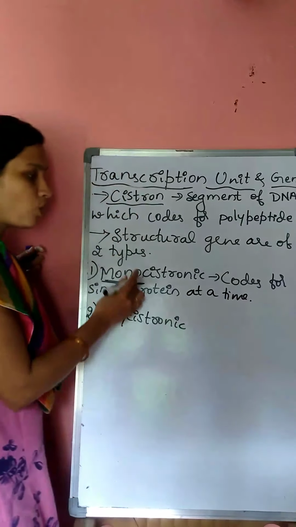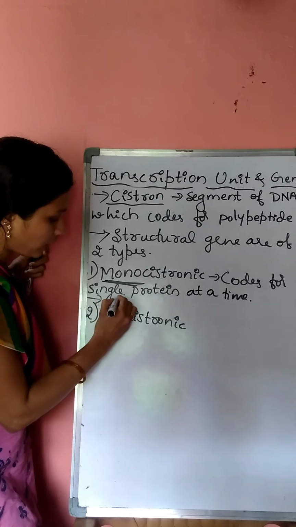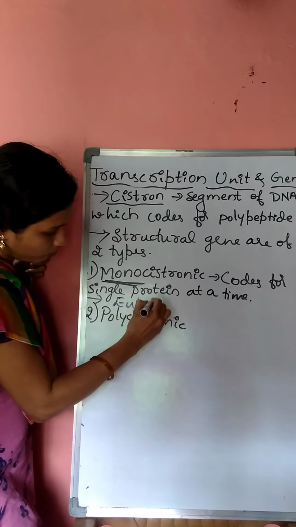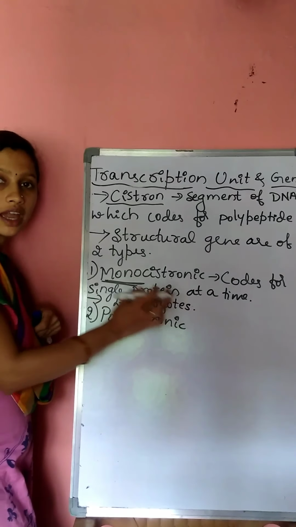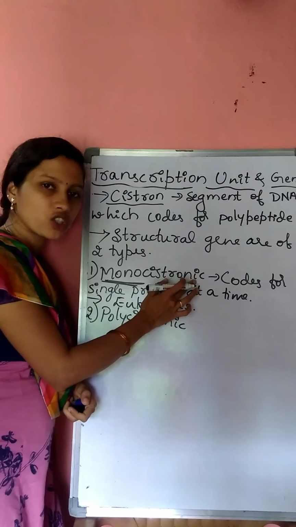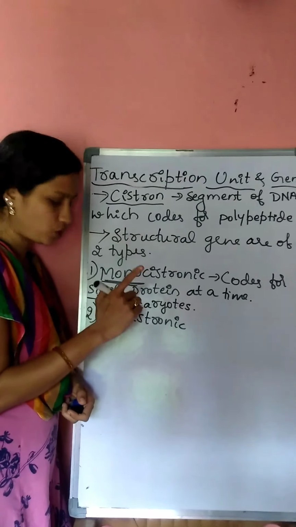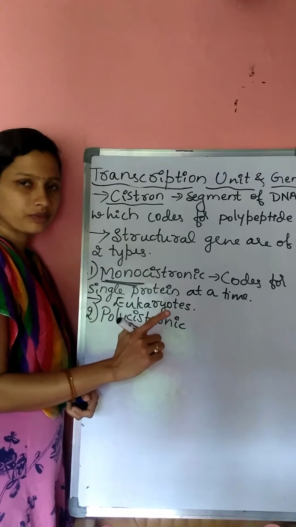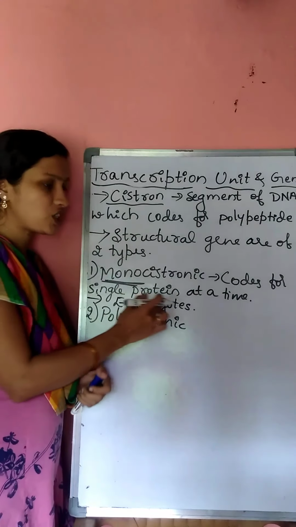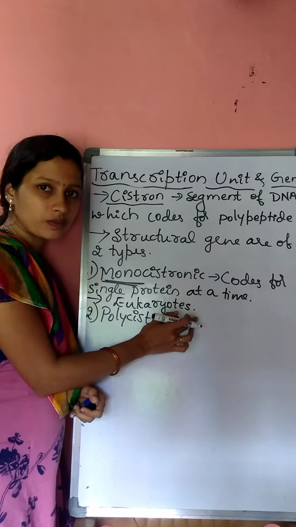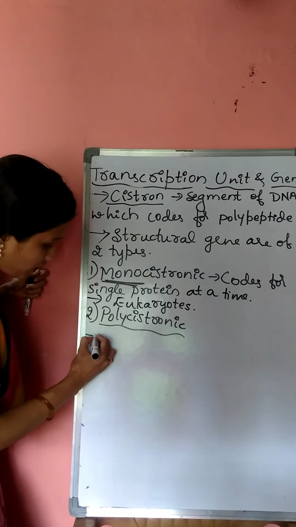Monocistronic structural genes are always present in eukaryotes. Another type is the polycistronic structural gene.